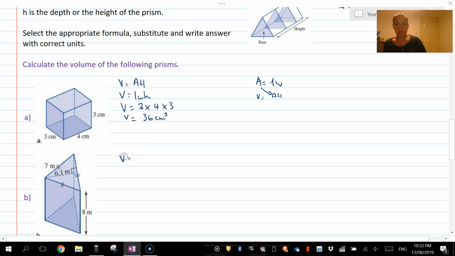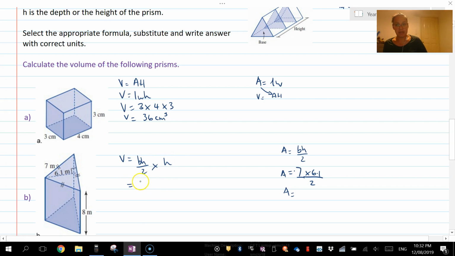This one here, volume equals, now you could do this separately if you wanted to, like A equals base times height divided by 2, and then do those individually. So, what is it? 7 times 6.1 divided by 2, and you could do that and then substitute that in, or you can just go base times height divided by 2 times height.